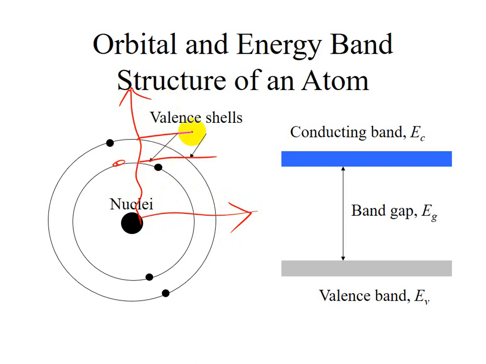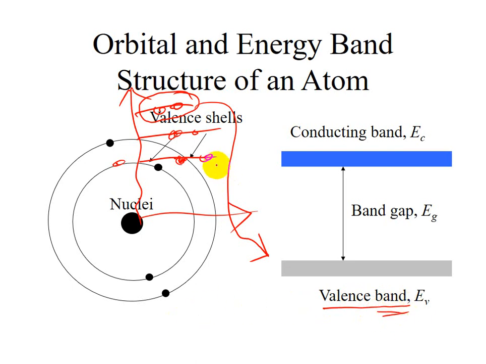So the lower energy orbital has electrons filled in first, and then the next one, and then the next one. The outermost orbitals occupied by electrons are the so-called valence band.